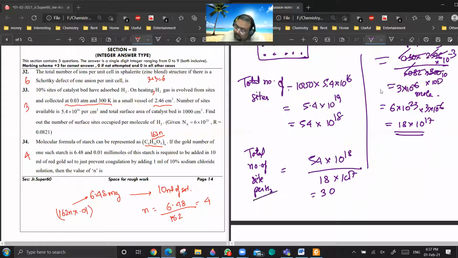So if this is considering 100% occupancy, right? Oh, sorry. But effective total number of sites, if you are writing, then it will be into 0.1. Are you getting the point? Yes, sir. Okay. So this will be 3.